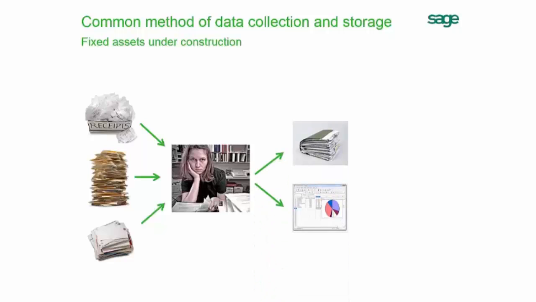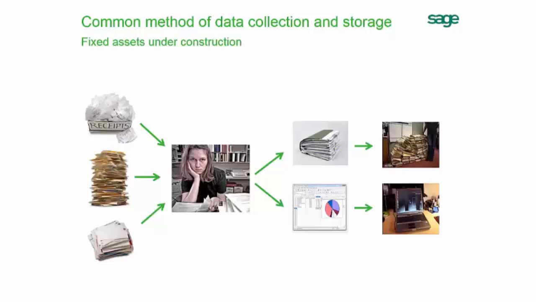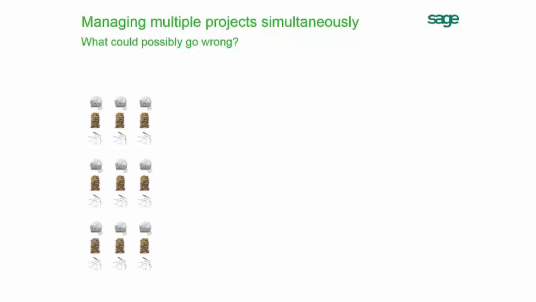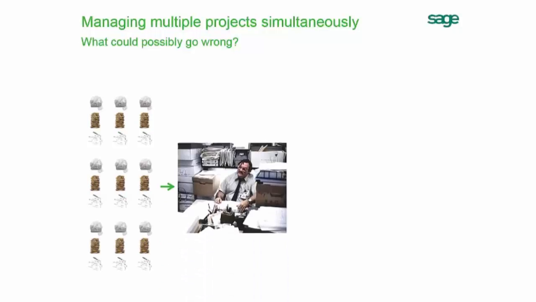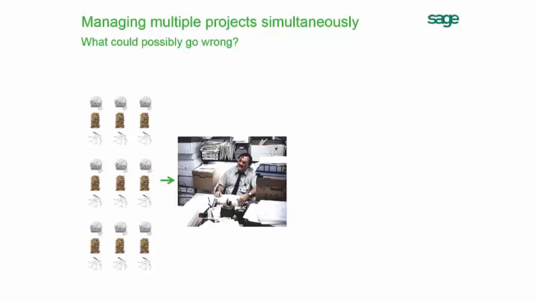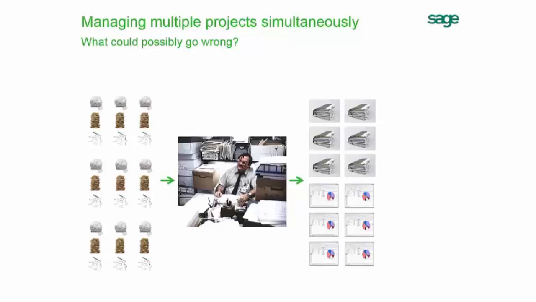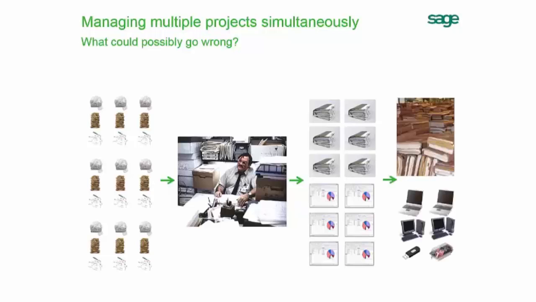And finally, transfer all of the completed files into some kind of a document storage system. Now, what if you have multiple projects to manage at the same time? Now there are multiple folders with multiple spreadsheets being manually created in order to create even more documentation for your storage system. As you can imagine, this approach can lead to problems and errors.